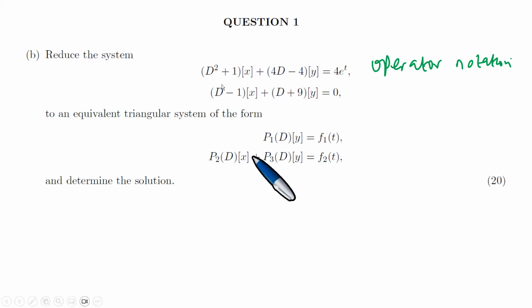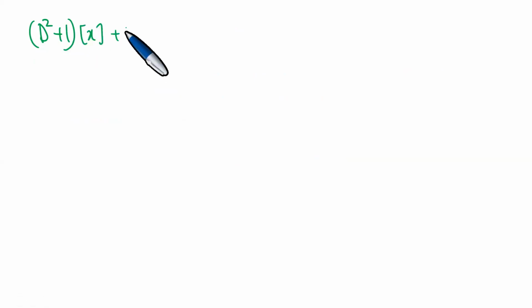On the next page, I'm just going to write exactly these: D squared plus 1, D minus 1, the 9, everything. And then we start reducing it to a triangular system of the form that. So I'm going to write (D squared plus 1) x plus 4 (D minus 1) y equals 4e to the t.